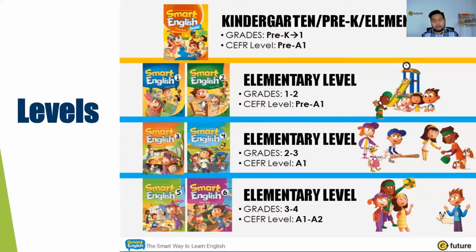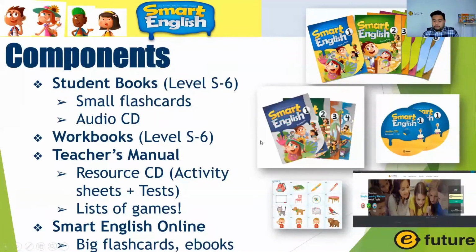This is primary school, elementary school level books. So we have all these student books from level S to 6. We have flashcards, audio CDs, workbooks, a teacher's manual, all these resources. These are all the components that we are going to be using to teach our lessons, all right?